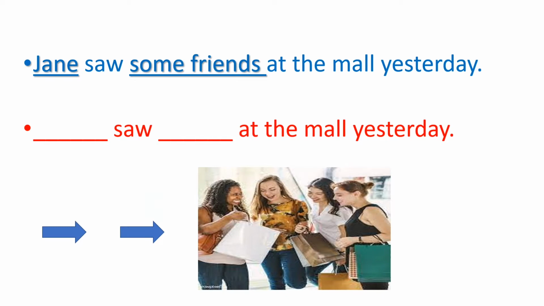Try this small exercise. It's a one sentence exercise. Jane saw some friends at the mall yesterday. Try to replace Jane and some friends. Take a few seconds to do this sentence before we see the answers.